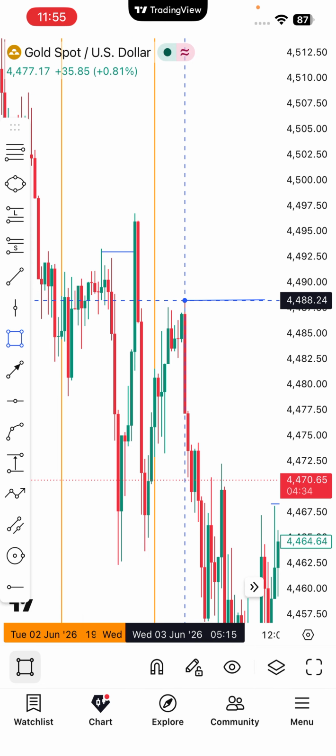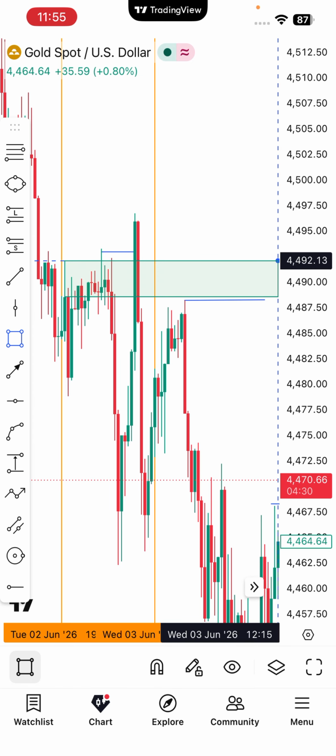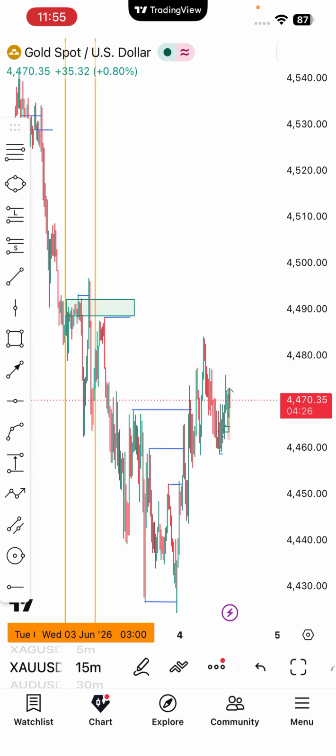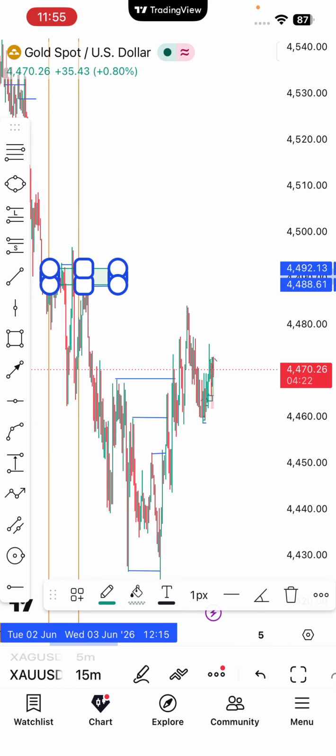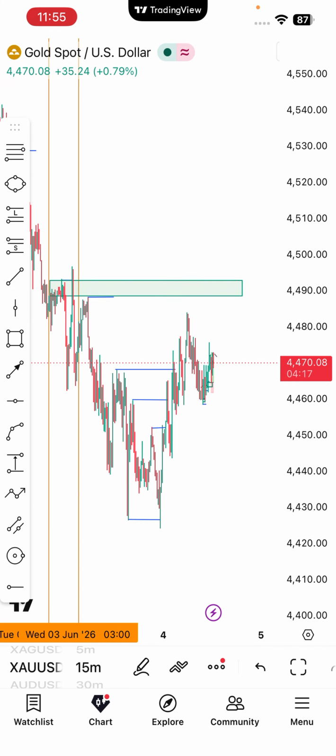This is your structural liquidity, then the entry should be right here. So, let's see how this goes though. Let's see how it goes up.